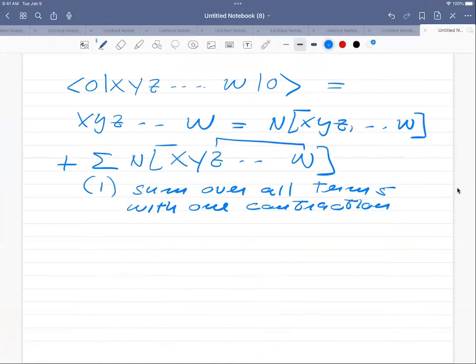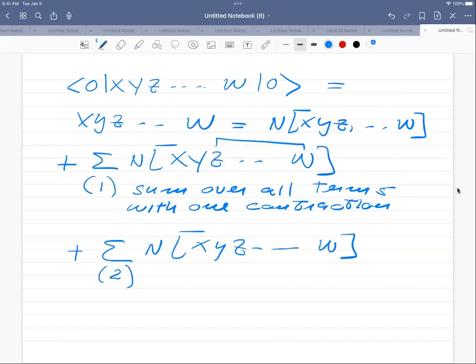And that means if I now have a chain of such operators, then there has to be a set with 2 possible contractions. So I have this set of operators X, Y, Z up to W, and now we are contracting 2 of these, and I write it like this. So this is a sum over all pairs of contractions.